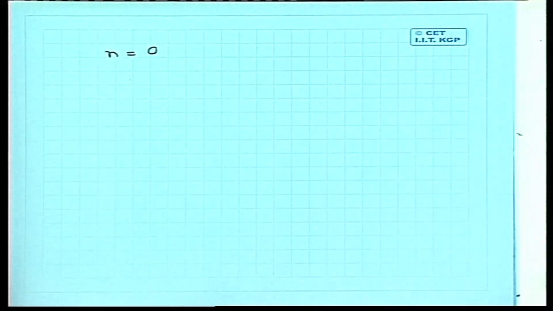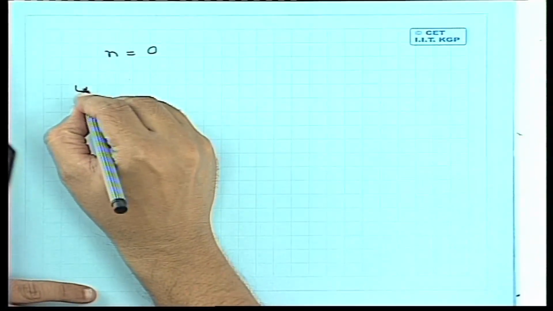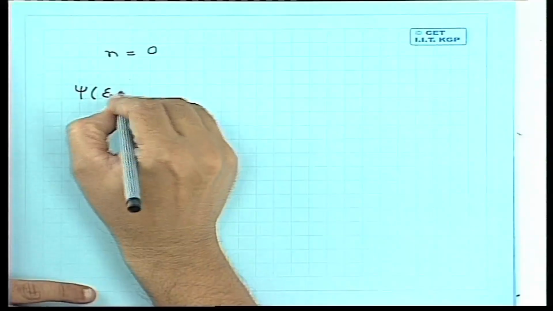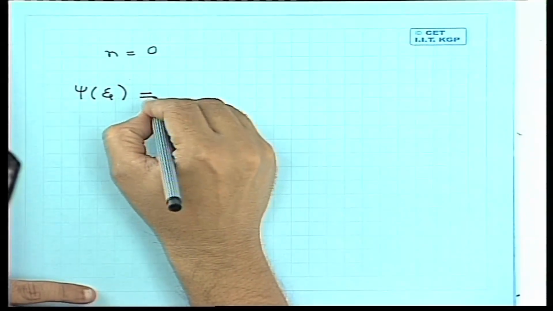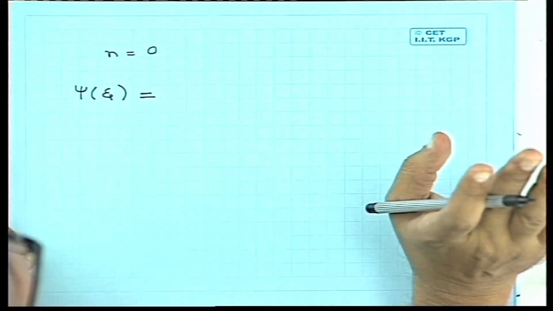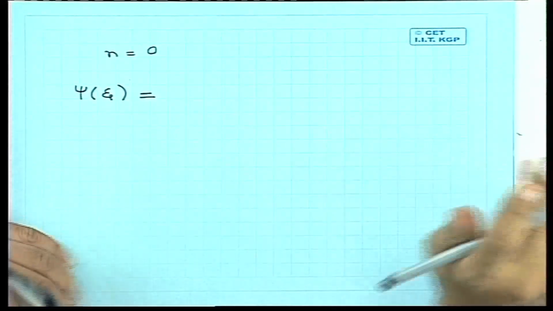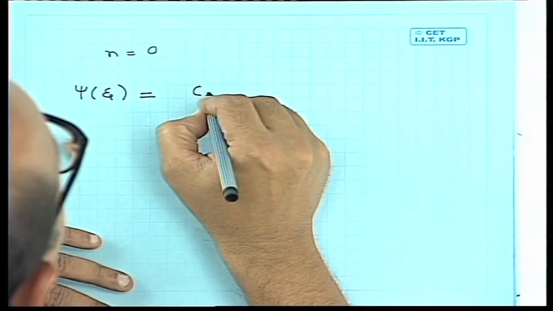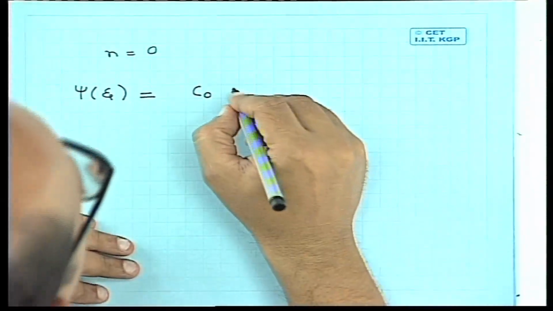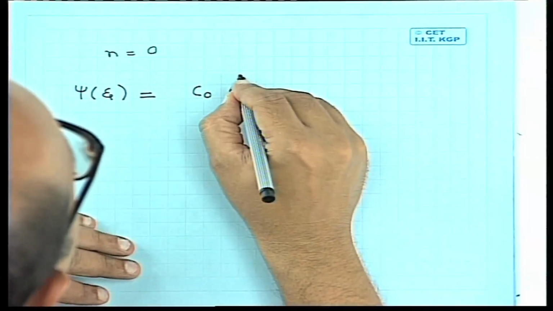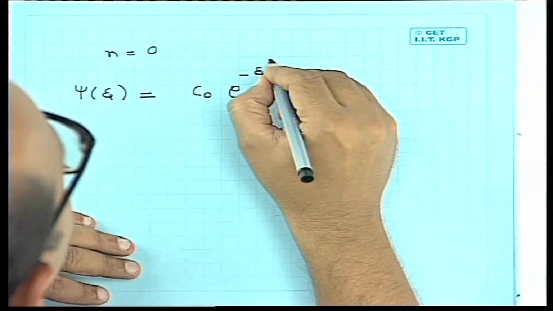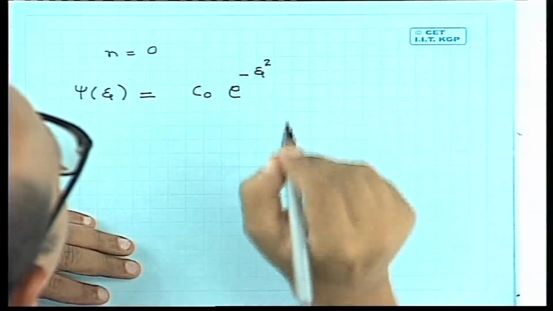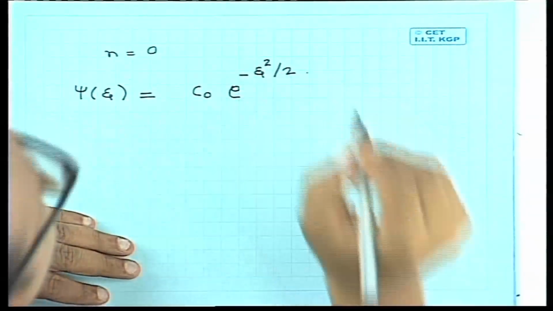For n equal to 0 we have psi as a function of xi equal to just a coefficient C0 into e to the power of minus xi squared by 2.